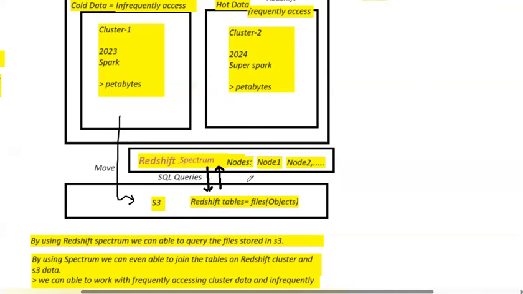Then this Redshift Spectrum scans the particular data from S3, loads the data inside nodes and processes that data. Under Redshift Spectrum, your nodes will provide individual results, and these individual results are sent back to your main cluster, to the leader node.